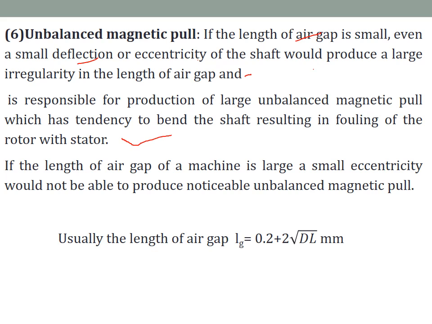If the length of the air gap of a machine is large, a small eccentricity would not be able to produce noticeable unbalanced magnetic pull.